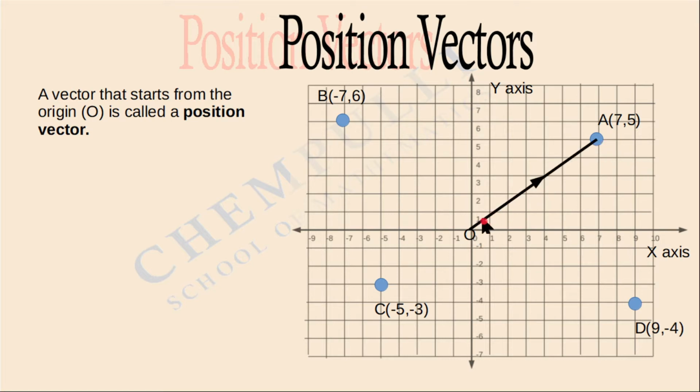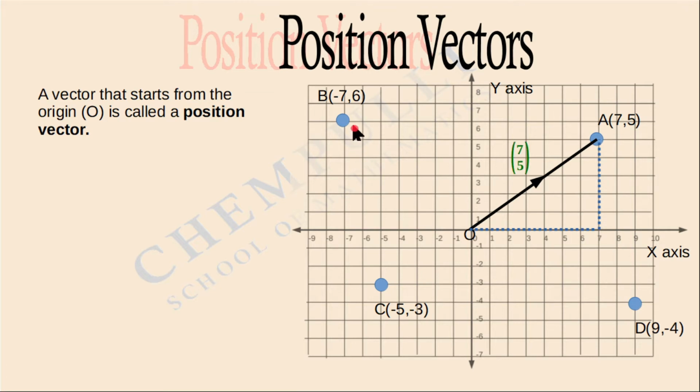That is the translation of the point O to the point A. That is the position vector of the point A. Then we can write this position vector OA as a column vector. For that we start from the initial point, first take horizontal, then take vertical. Horizontal how many units? 7 units, and vertical 5 units. Then we can write it like this, (7, 5) as a column.